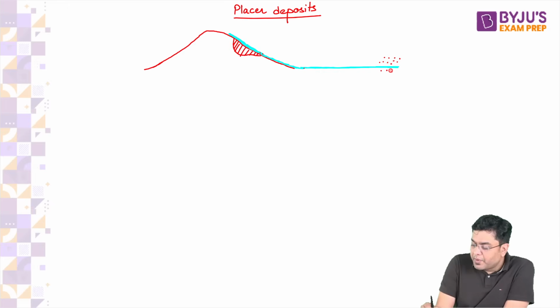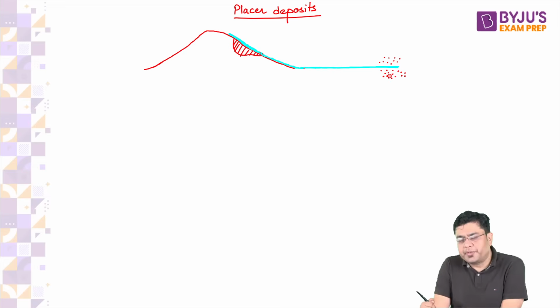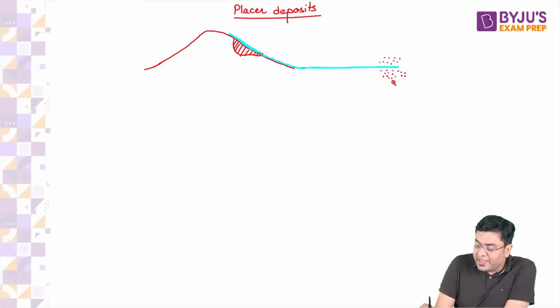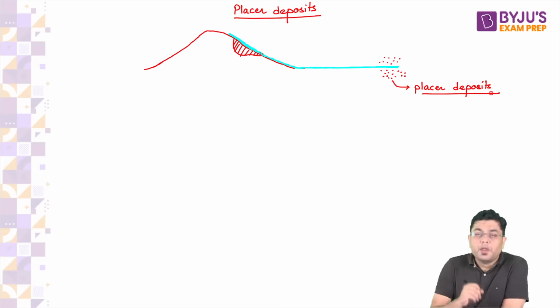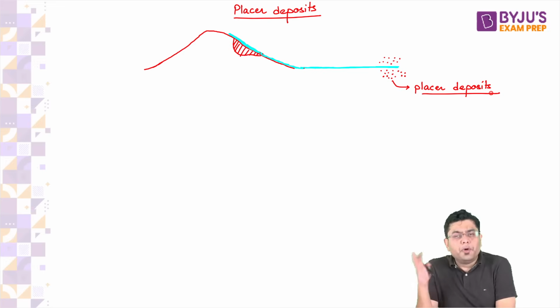These deposits, which have been created a large distance away from their sources, are referred to as placers or placer deposits.